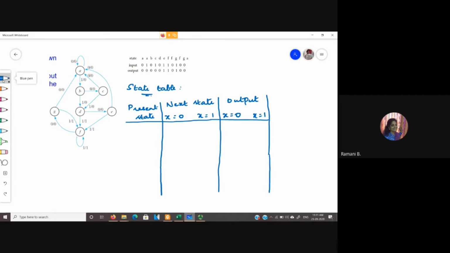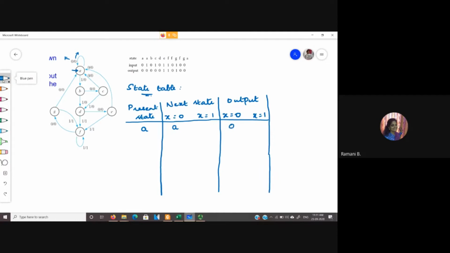Let us start from state A. Considering state A, this self loop implies 0 bar 0, that is, this 0 corresponds to the input and this 0 corresponds to the output. So for present state A, when input is 0, I am remaining in the same next state, so I give A over here and the output is 0.